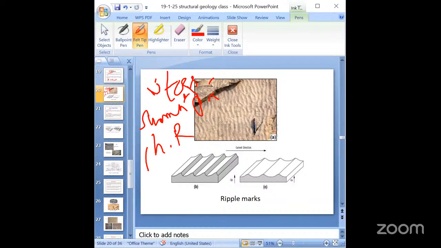The horizontal distance from one crest to the next crest is the length, or wavelength, of the ripple. The ripple index is given by the ratio of wavelength to wave height.